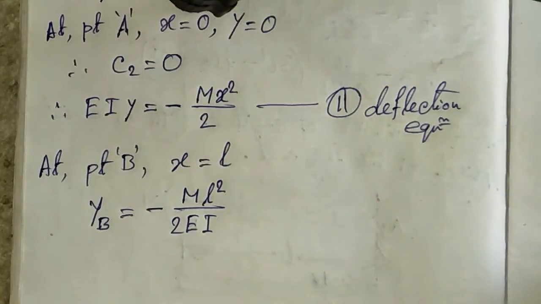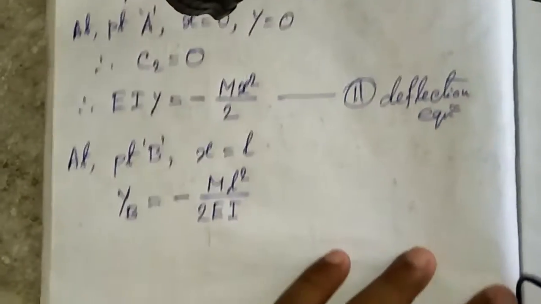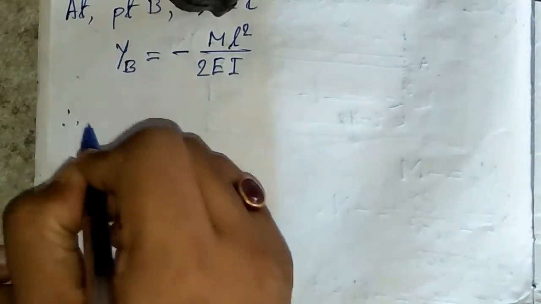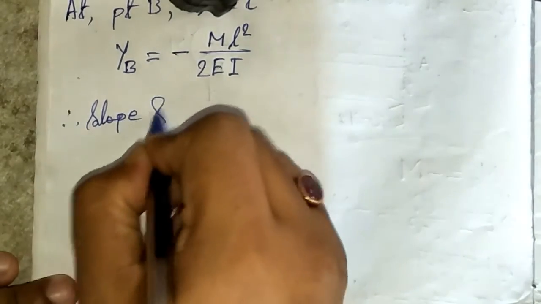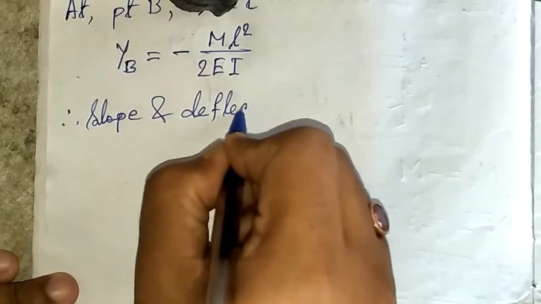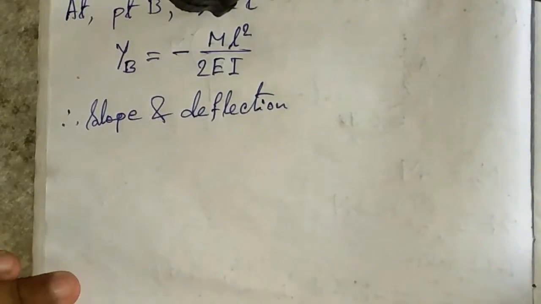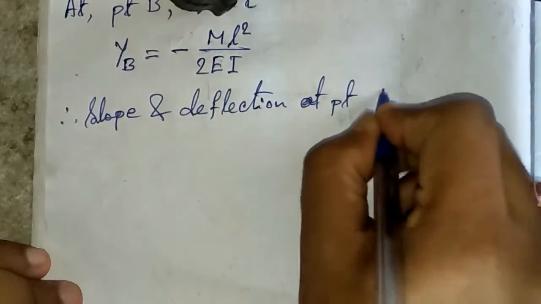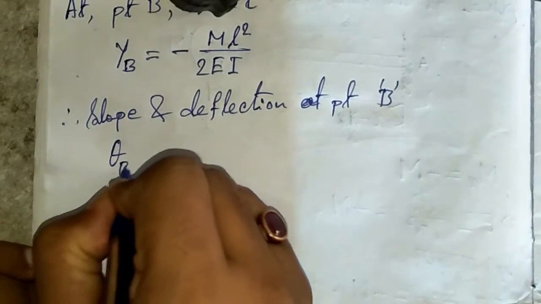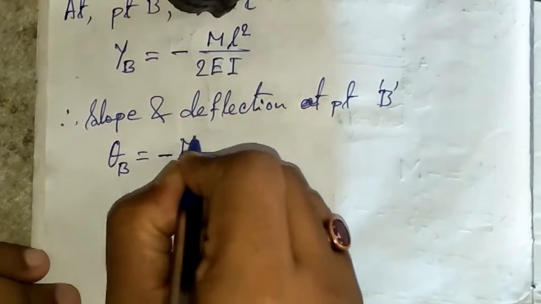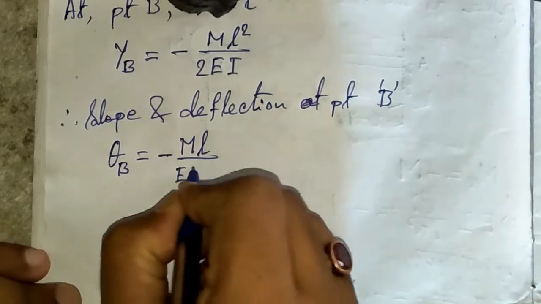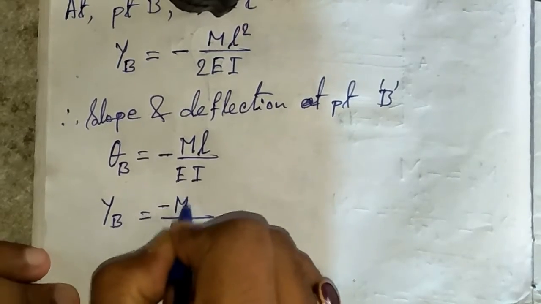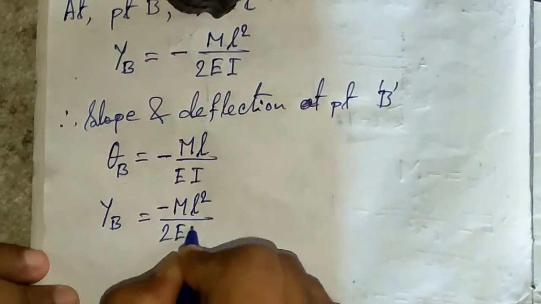So the expression of slope and deflection at point B is, therefore, theta B equals M L by EI, using the slope equation, and Y_B is minus M L square by 2 EI.